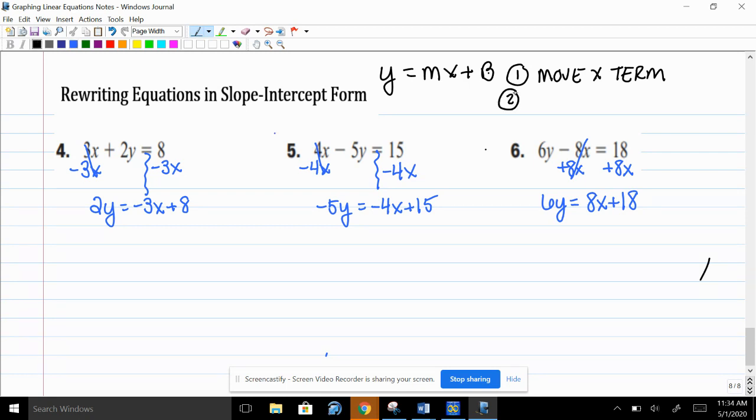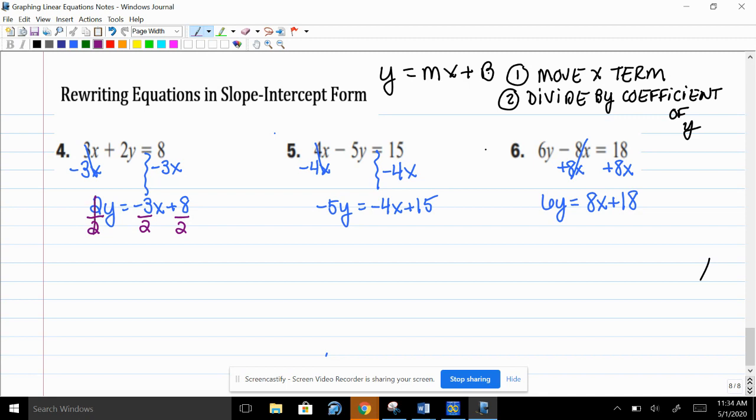Our second step is going to be to divide by the coefficient of y. Coefficient, remember, is just a math term that means the number in front. So in number 4, I'm going to divide everything by 2.